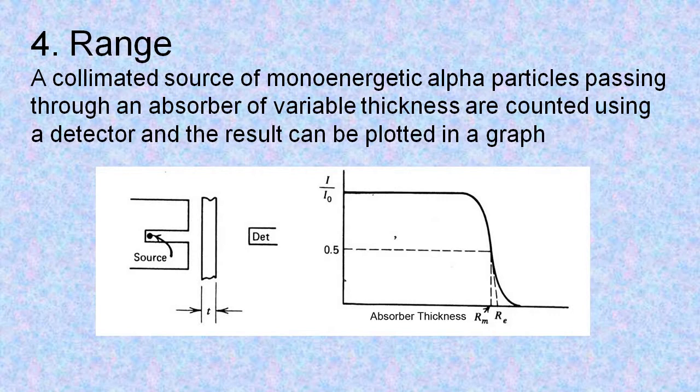That distance corresponds to the range of the particle. After this it gradually falls off to 0. Based on this, you are defining two terms, Rm and Re, a particular type of range: mean range and extrapolated range.